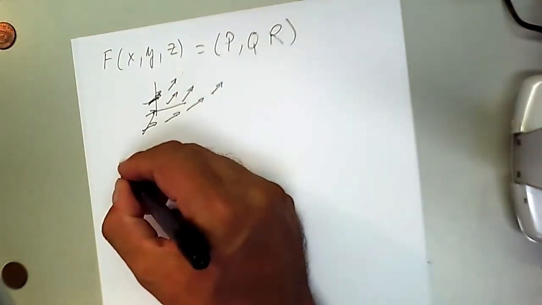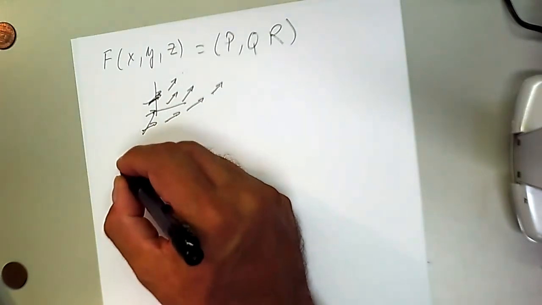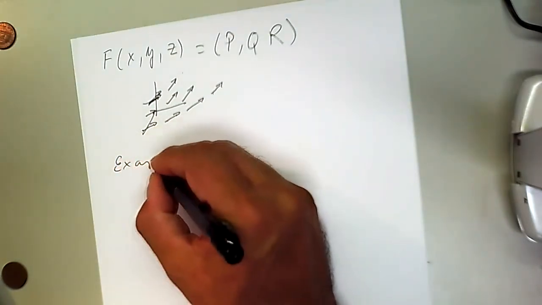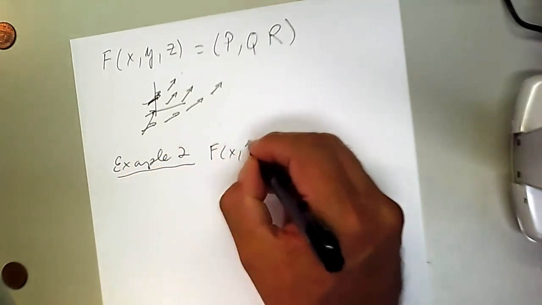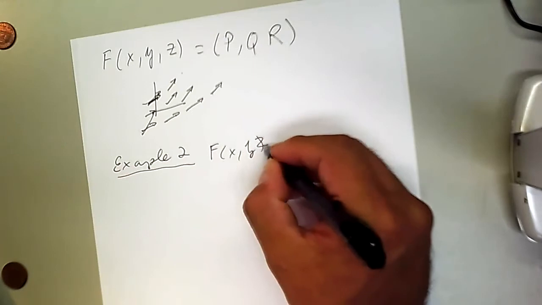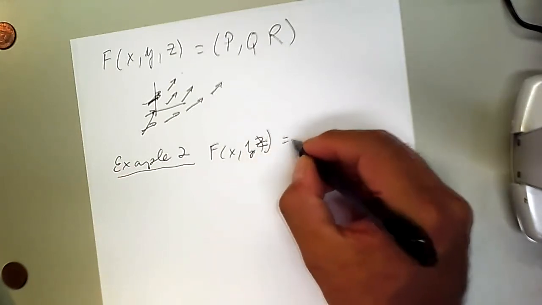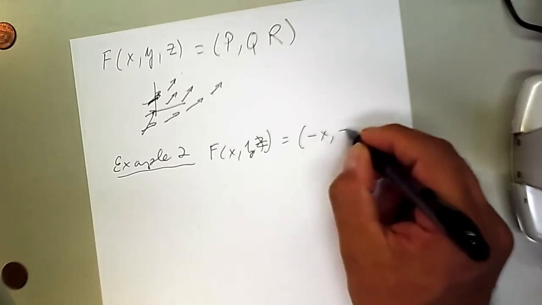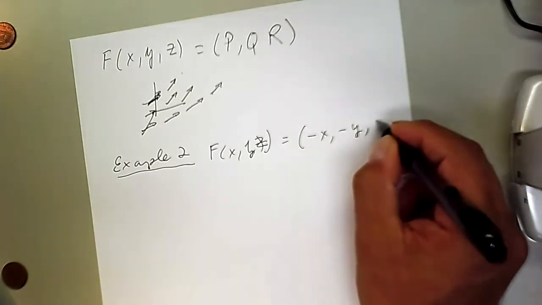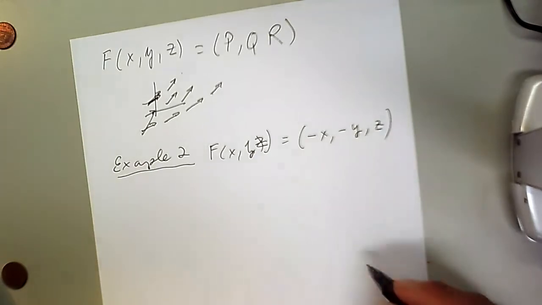For instance, let's write down as example 2, F of (x, y, z) equals negative x, negative y, and keep the z the same.